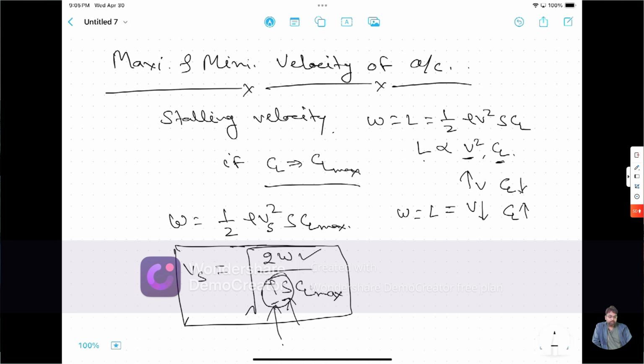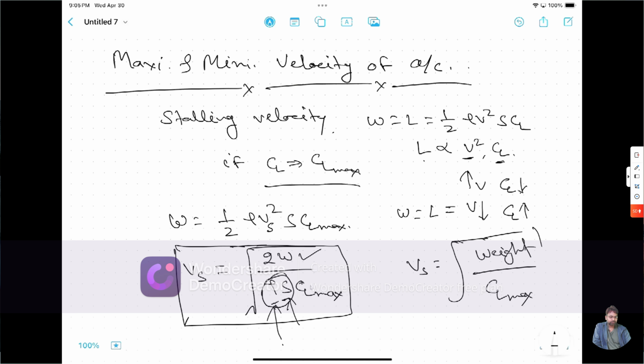CL max is also a constant for a particular airfoil. So we can say the stalling velocity depends on the CL max and weight.